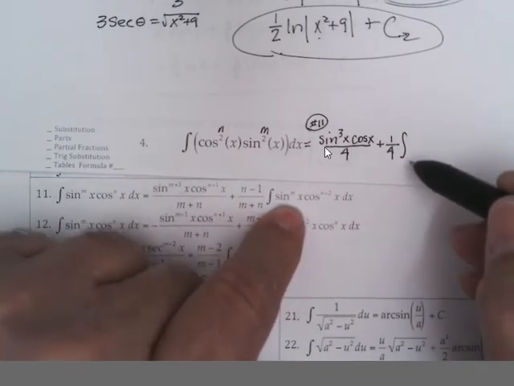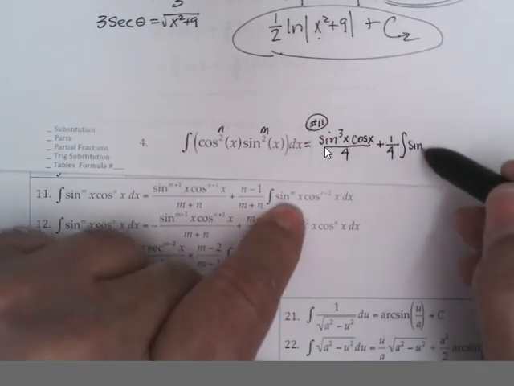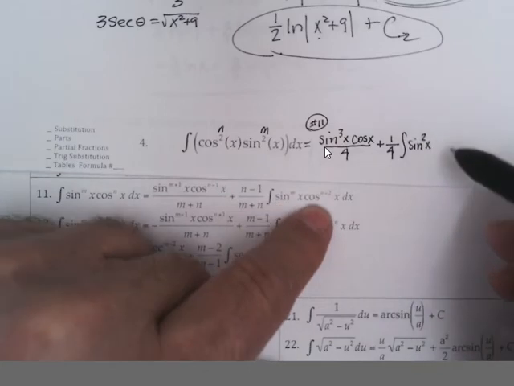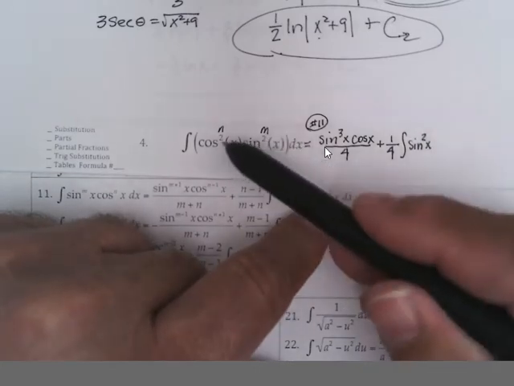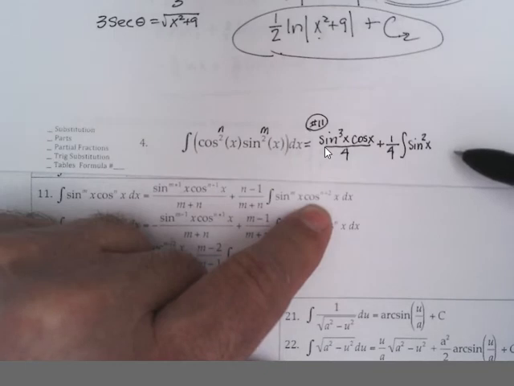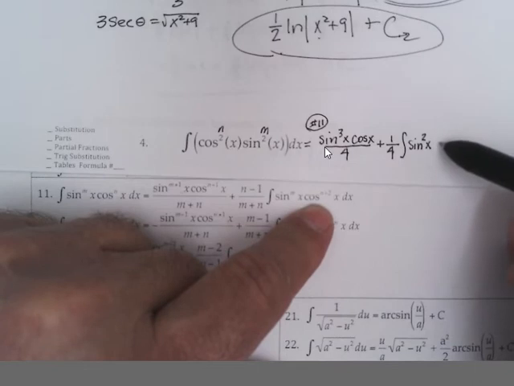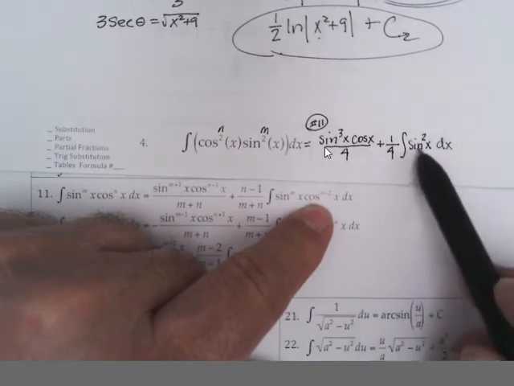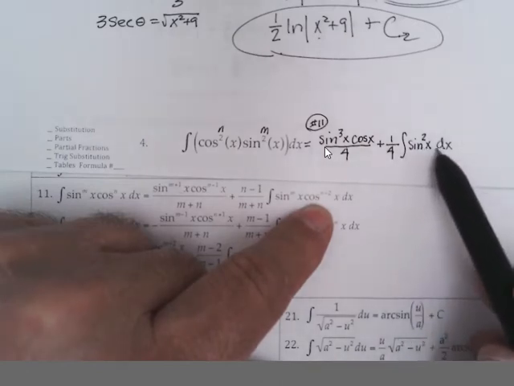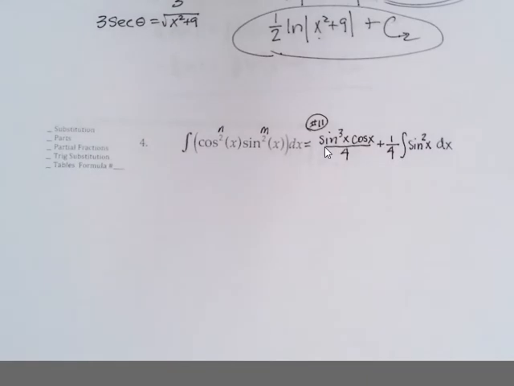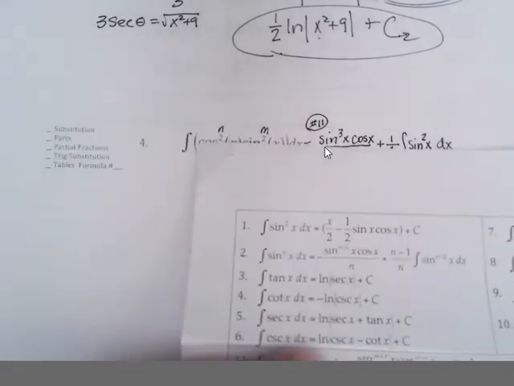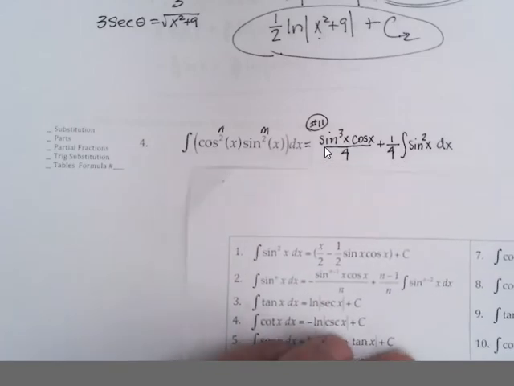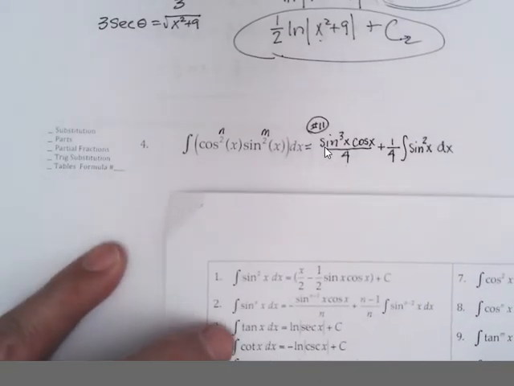Antiderivative, keep the sine to the same power, reduce the cosine powers by 2. Well, it was 2, so that goes to 0, and anything to the 0 power except 0 is 1, so I'm just going to leave it as 1 dx, so I don't even have to write the 1. Now we have 1/4 the antiderivative of sine squared, and there is a formula for that. It happens to be the very first formula on this page for sine squared.